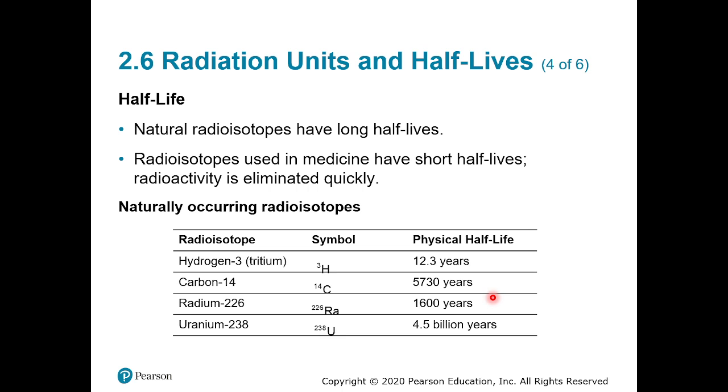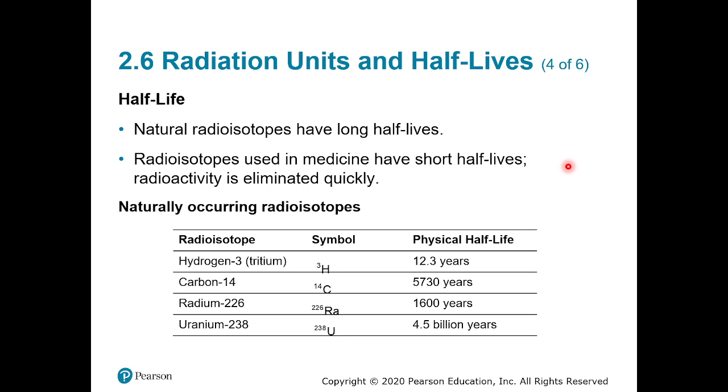All right, so the half-life. Natural radioisotopes have long half-lives. That's why they're still around. Radioactive isotopes used in medicine have shorter half-lives because we don't want to wait for 1 billion years or even 1 million years for us to have a noticeable signal, do we?